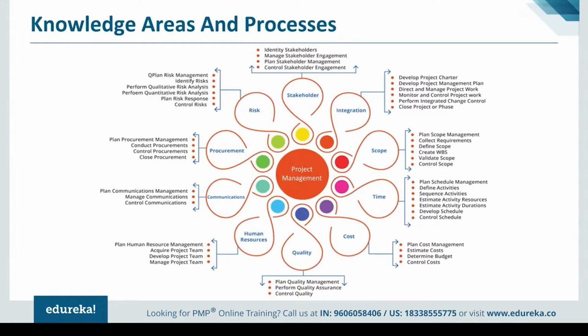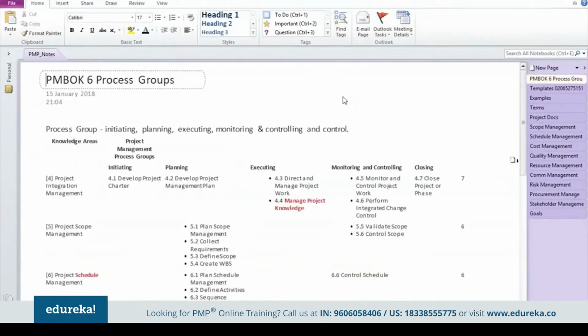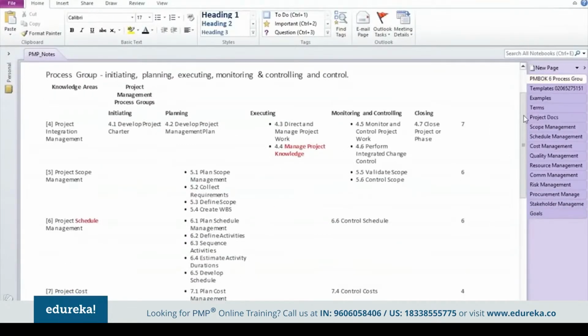And of course, there are process groups. Those process groups are initiating, planning, executing, monitoring and controlling, and closing. All these knowledge areas and processes are going to be a part of these process groups. Maybe I would like to very quickly show you this.